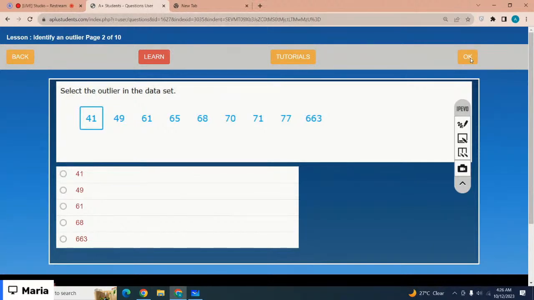Select the outlier in the dataset, which is the correct option? The correct option is... which is the correct option?